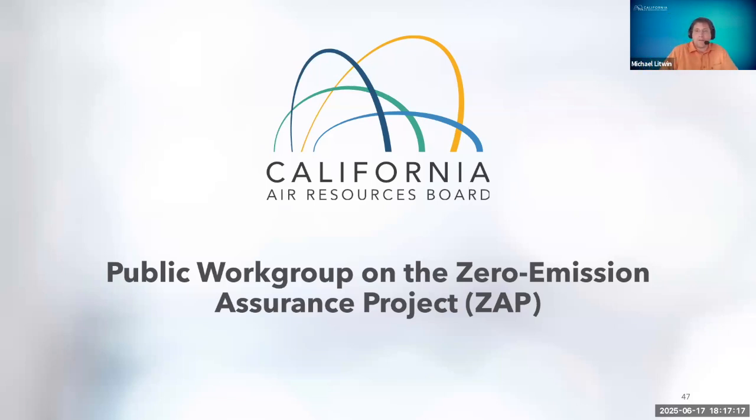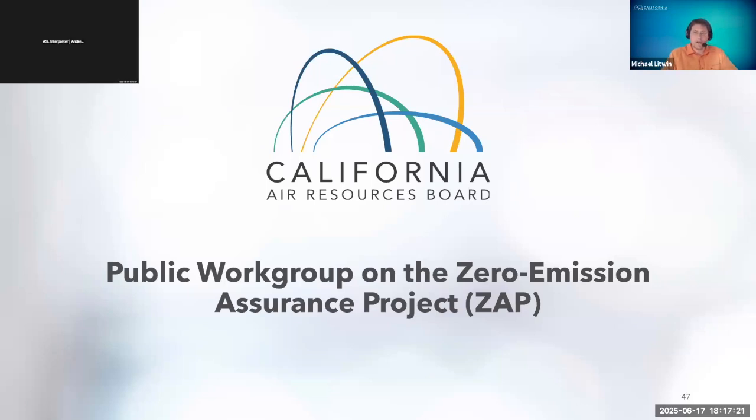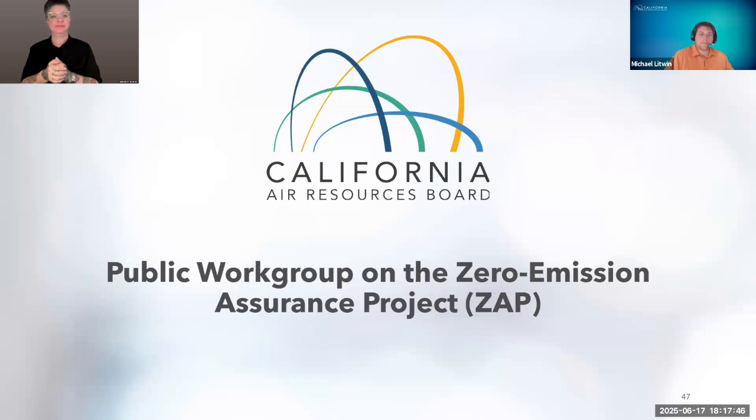Repair costs are often a significant barrier to entry for lower income Californians. The Zero Emission Assurance Program complements CARB's light-duty vehicle purchase incentive programs, such as Clean Cars for All and financing assistance, by helping to alleviate low-income residents' concerns about premature battery degradation, resulting in reduced vehicle performance, vehicle depreciation, and costly repairs.